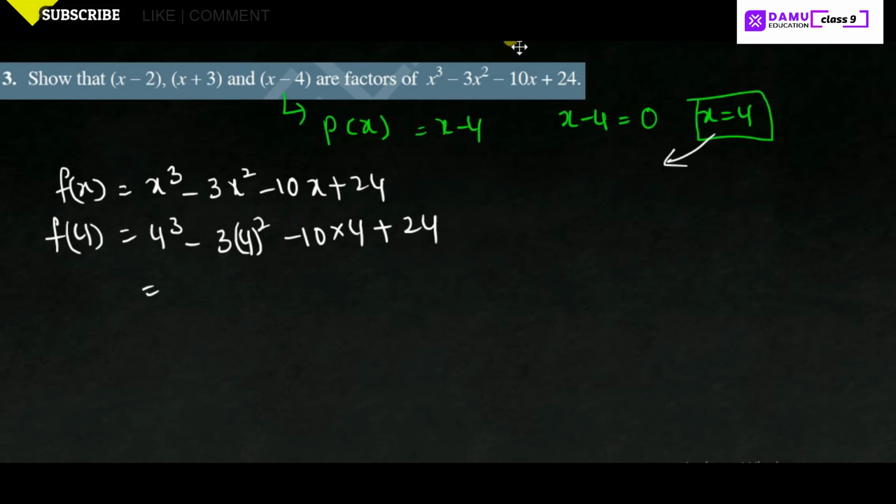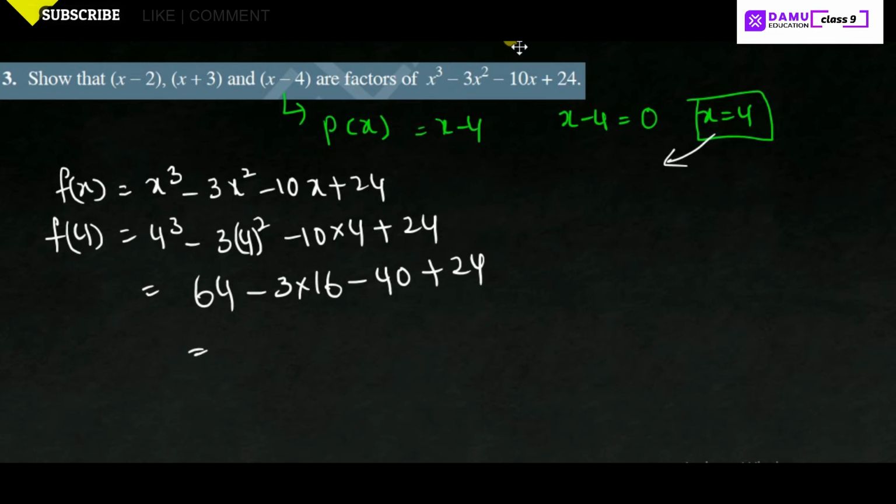4 fours are 16, then 16 into 4 is 64. So 64 minus 3 into 16, which is 48, minus 10 into 4, which is 40, plus 24.